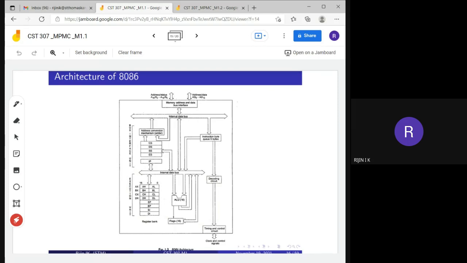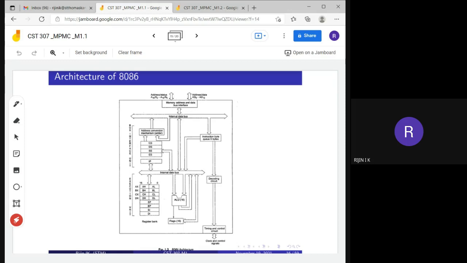The first important function is to fetch the instruction and the data from the bus interface unit. Then after fetching the instruction, it has to decode it. Only then can the processor understand what operations it has to perform.